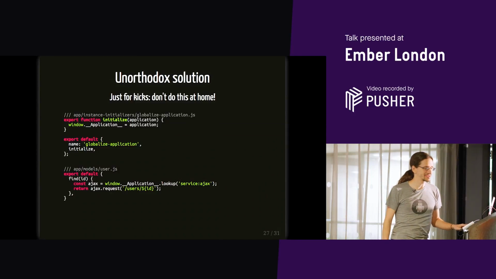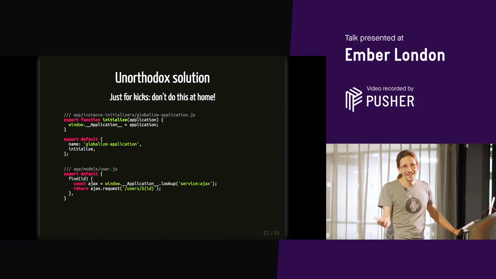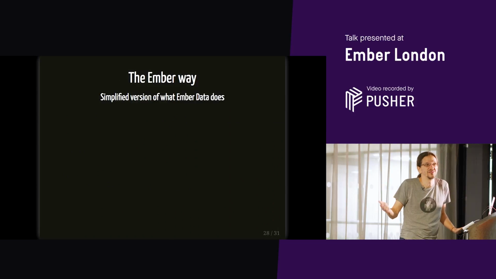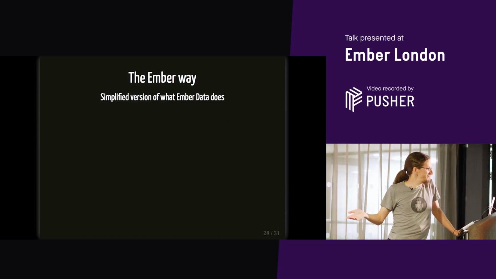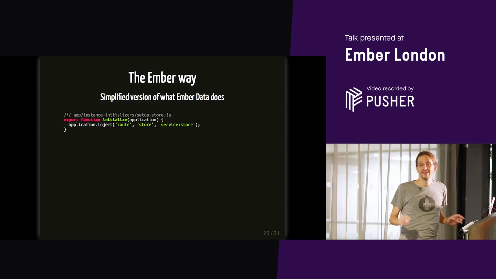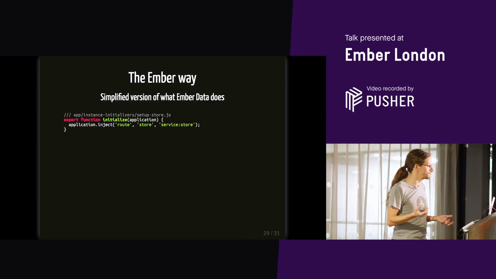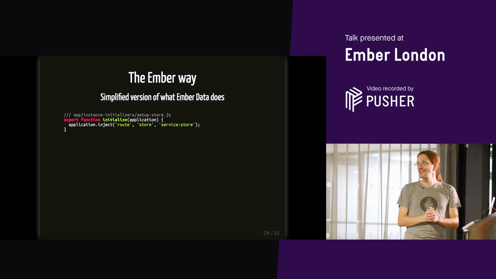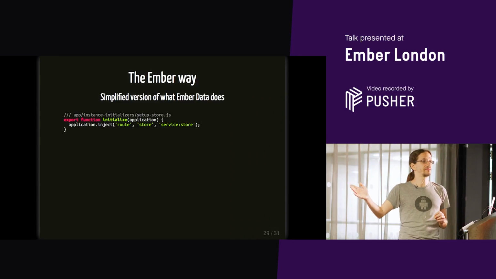Of course, there's a saner solution, and to get there, you just have to think, Ember Data is doing this, so clearly there is a rational way of doing this. So I just had a look at what Ember Data was doing behind the scenes, and it's pretty much the following. It has another instance initializer, and what it does there is that it provides another service, the store that we know from Ember Data, and it injects it as store into any route.